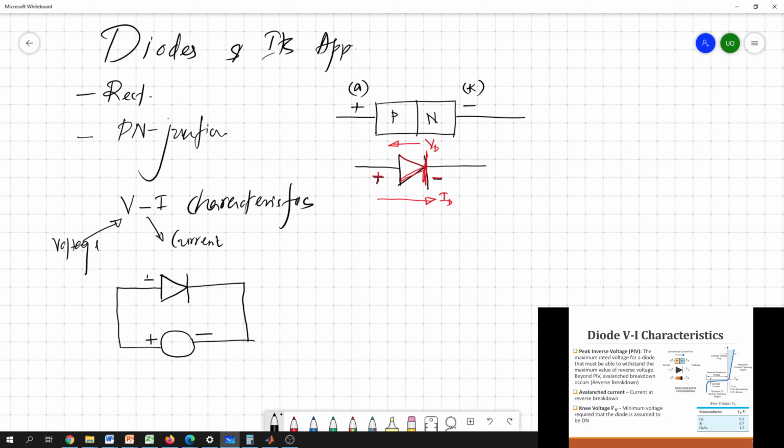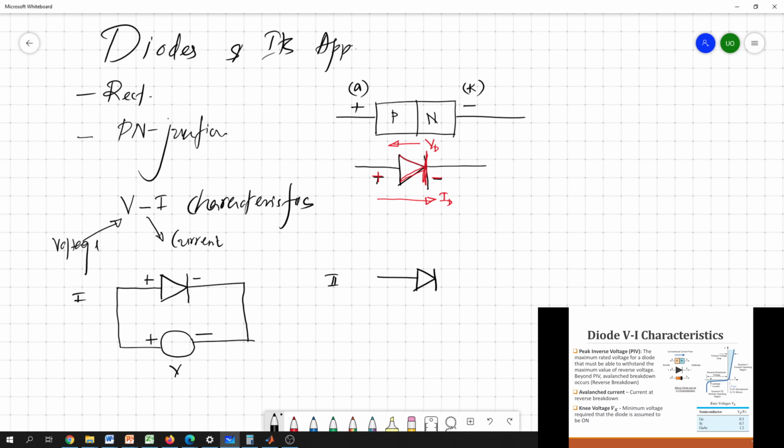So this is the positive terminal of the diode and this is the negative terminal of the diode. Once you connect the positive terminal of the source to the positive terminal of the diode and the negative terminal of the source to the negative terminal of the diode, this is one way of connecting an external source.